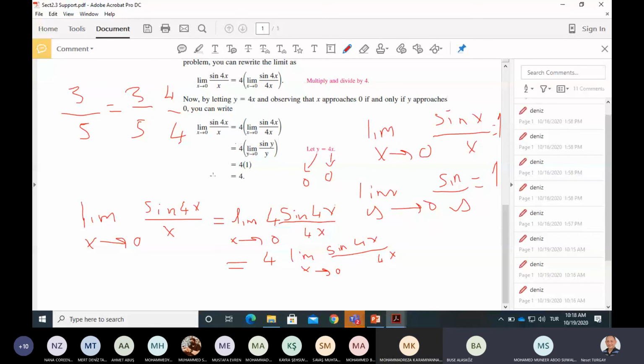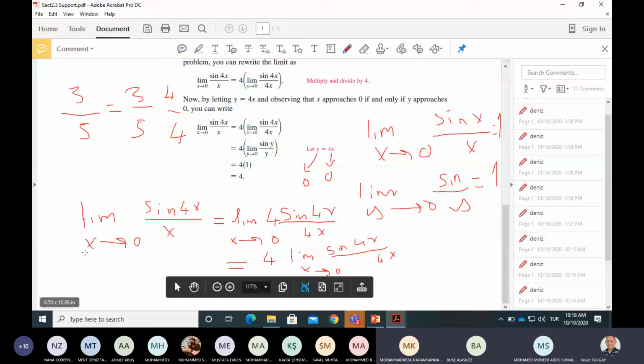Yes, exactly. To make this 4x, you should multiply x with 4. But then you should multiply also this whole thing with 4, because 4 over 4 will not change anything. So this is what I did here.